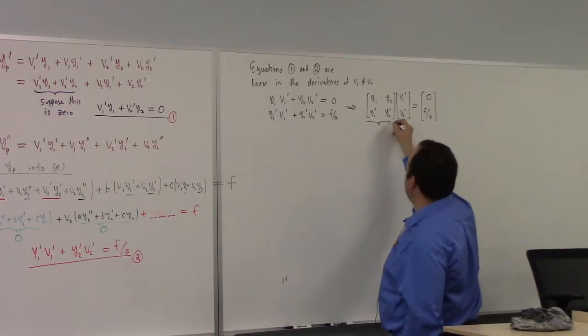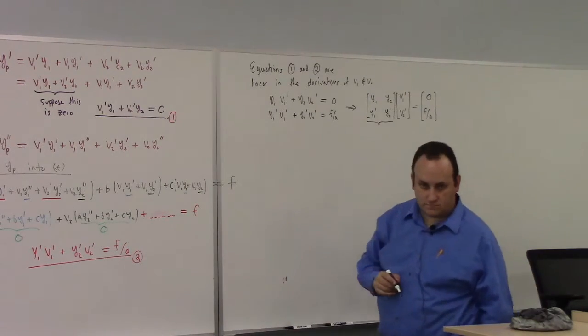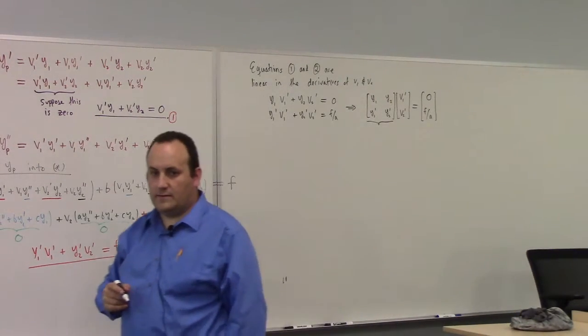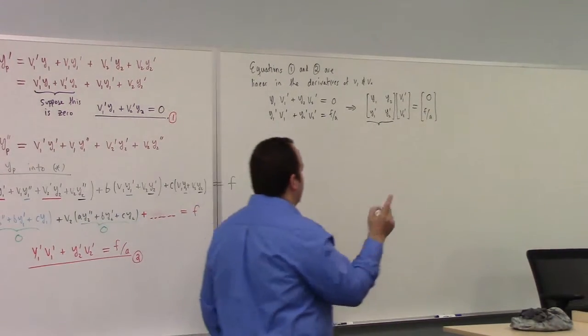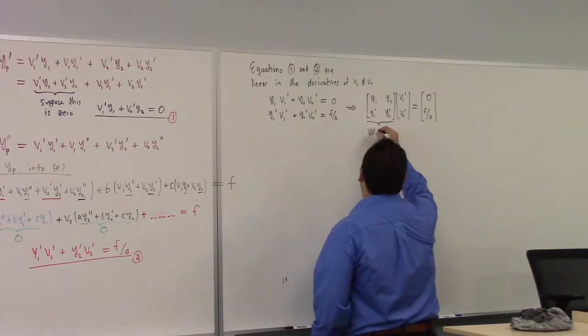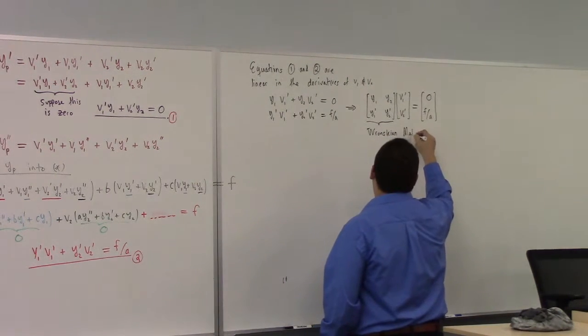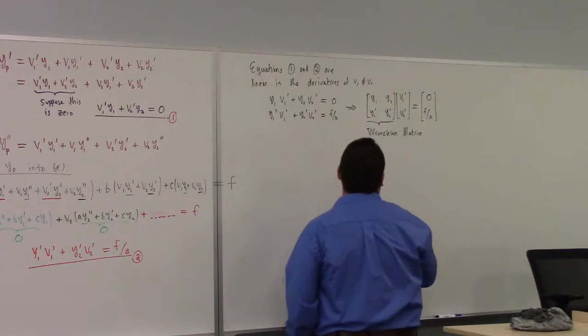What's this? Yes, that's the Wronskian matrix. Now the Wronskian is the determinant of that, but this is the Wronskian matrix, which is invertible, right?